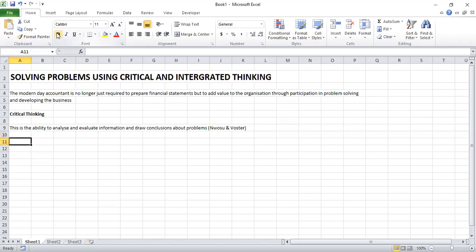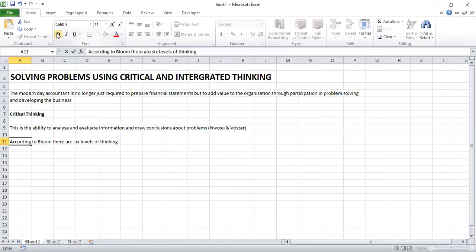Then, according to Bloom, there are 6 levels of thinking. Right.